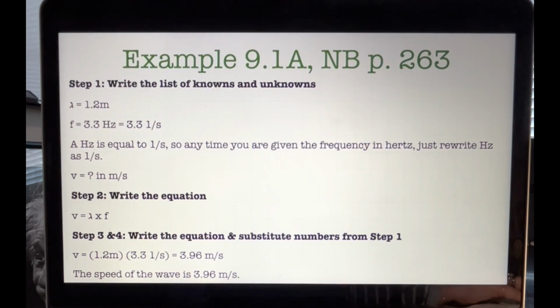And then the speed is what we're trying to solve for. Step 2, write out the equation. Speed equals the wavelength times the frequency. Steps 3 and 4, substitute the numbers and solve. The speed of the wave is 3.96 meters per second.